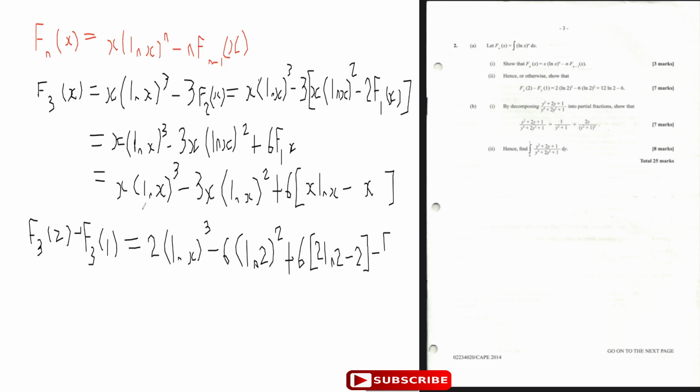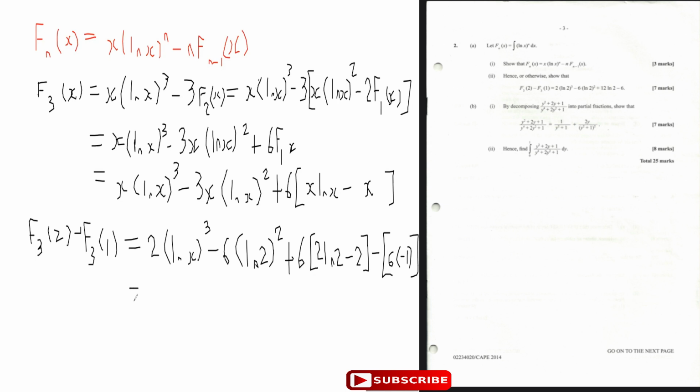But we know that ln 1 is 0, so all of these terms are 0, and it works out to be 6 times minus 1, because everything else is 0, ln of 1 is 0.